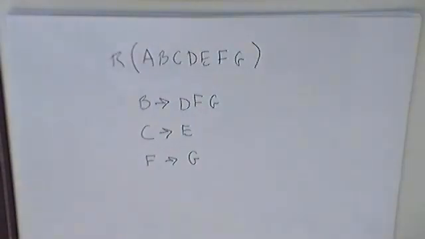I have a question here. It read, y is prime if each element of y is part of some candidate key. So what's prime is an attribute, so I think there might be a typo.